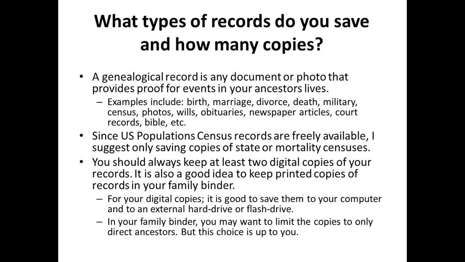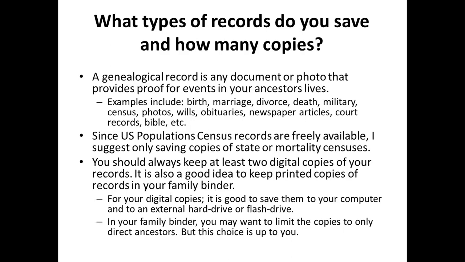So what types of records do you save and how many copies? Well, a genealogical record is any document or photo that provides proof for events in your ancestors' lives. So those examples would include birth records, marriage, divorce, death records, military, census, photographs, wills, obituaries, newspaper articles, court records, Bible records, correspondence, and various things like that.